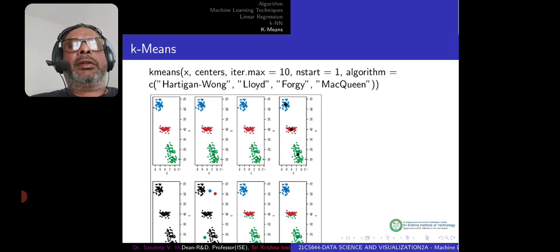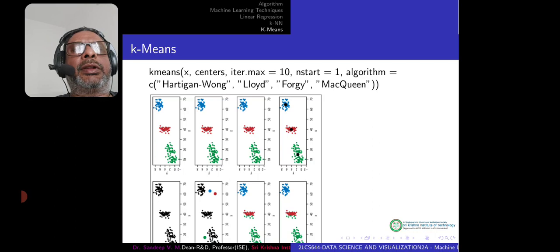Then, as we see, one cluster is nearer to the blue, so all the upper points are labeled blue. In the central cluster, some of them are near to the red, some near to the green, so some are green, some are red. The lower cluster all are near to the green, so that's what happened.